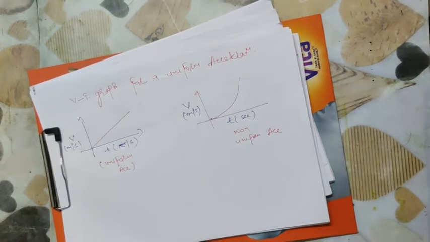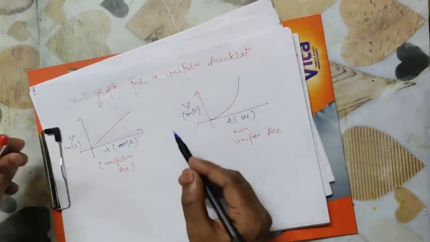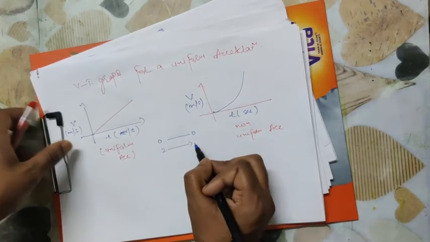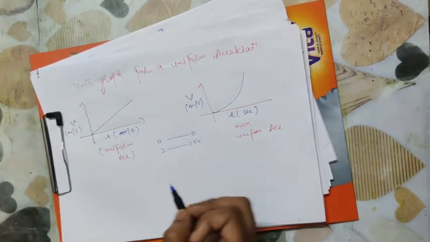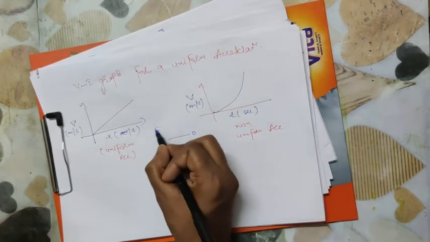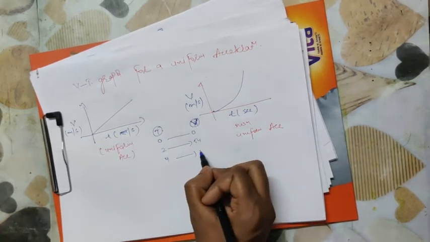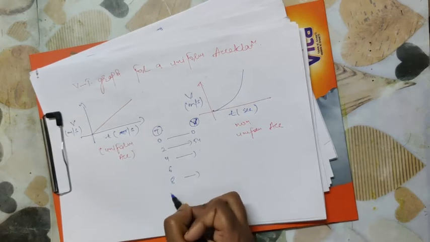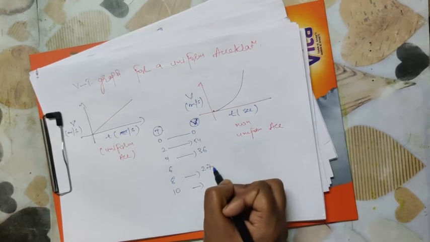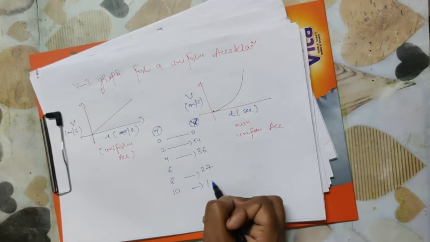But there is a third graph I want to consider, that is the retardation case, when velocity is decreasing. For example, at 0 second the velocity is 54, at 2 second it decreases, and at 4, 6, 8 and 10 seconds, the values are 54, 36, 27, 18.